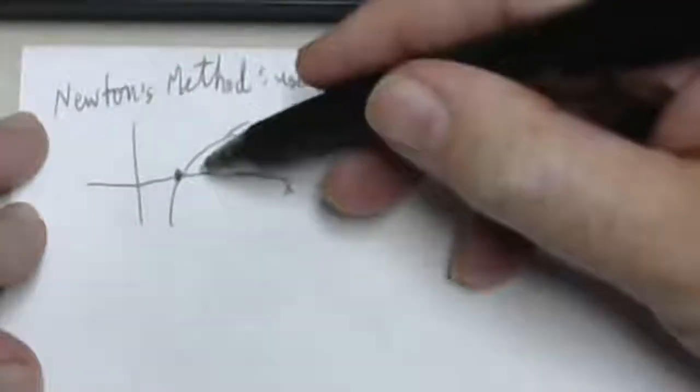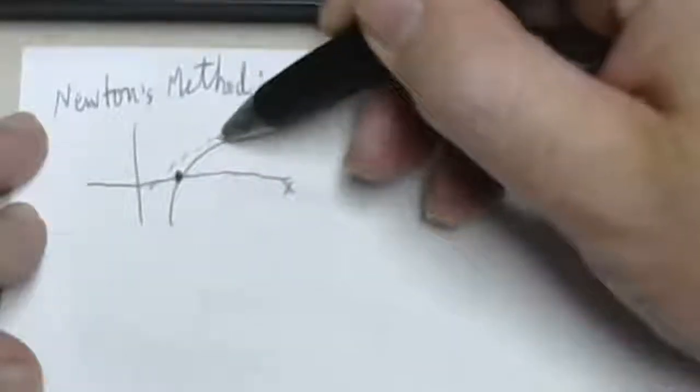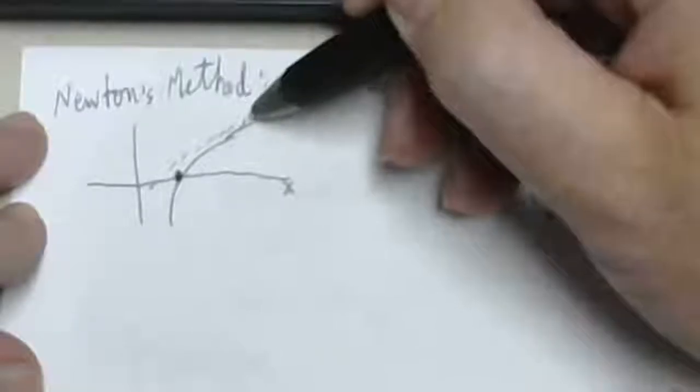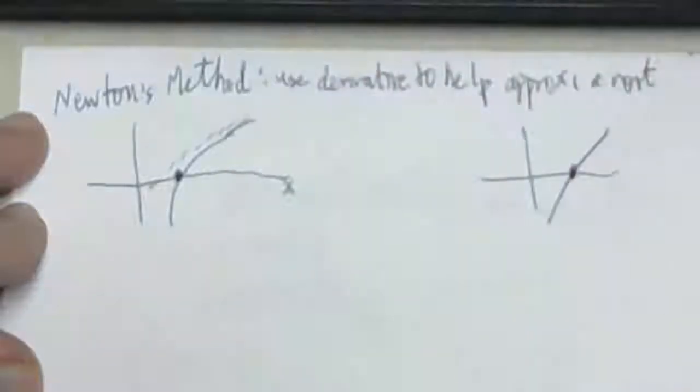But if this is a curved line, we don't necessarily know where that is. So we're going to approximate by using the derivative to find a place where we can actually make that happen.